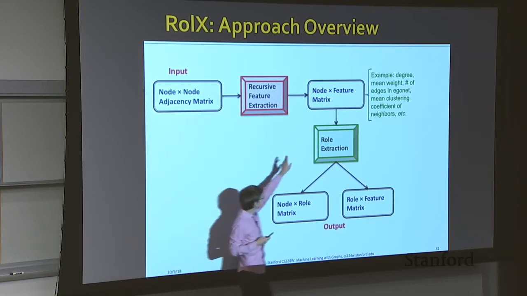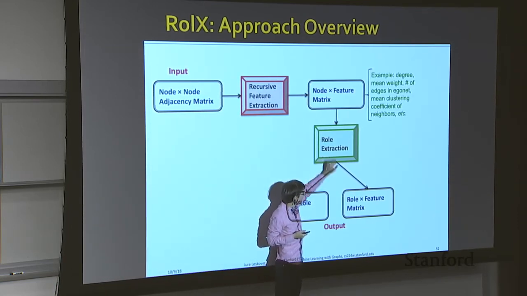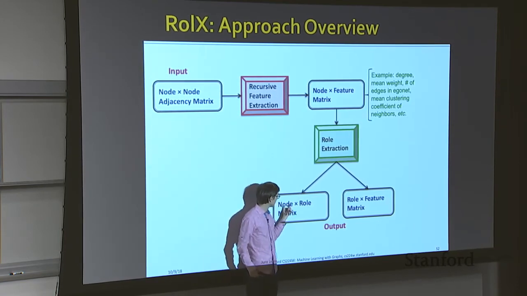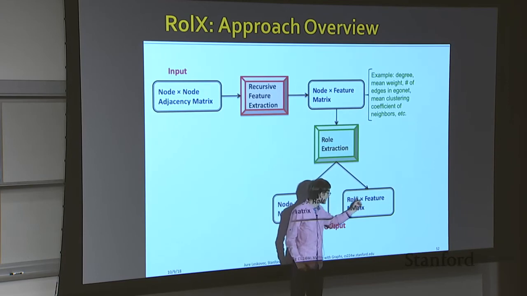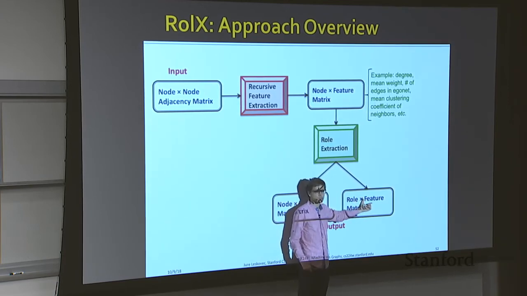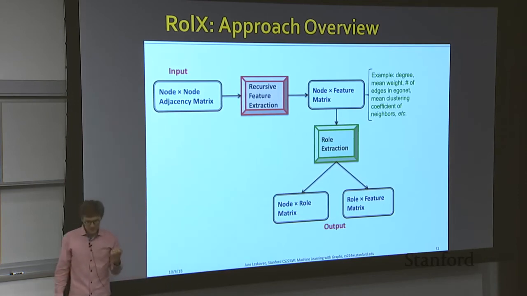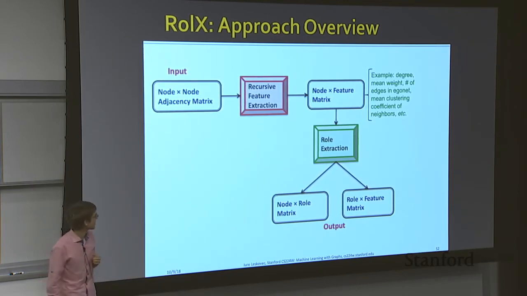And after we have this matrix, we will do role extraction, where we will get two things out. We will get an assignment of nodes to the roles, and then we'll also have a definition of a role through these features. Okay, so we get two things. We discover the roles, and we discover how to assign nodes to the roles.